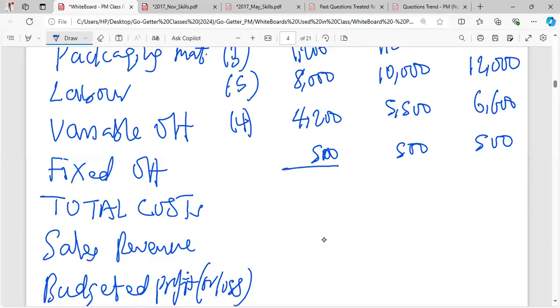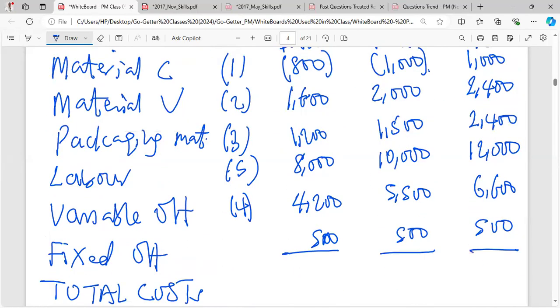We will now close the costs. We now have our total costs here. So let's calculate.